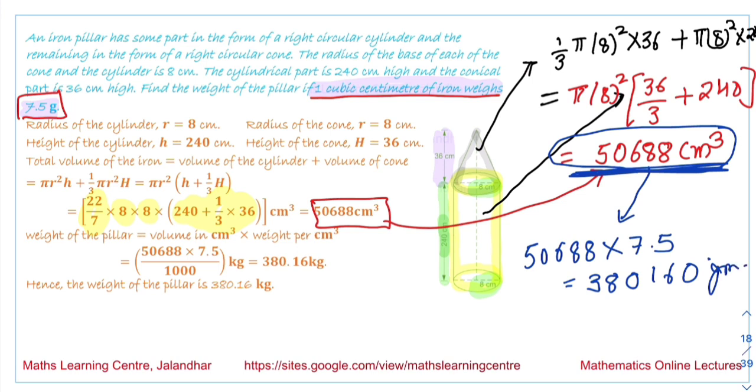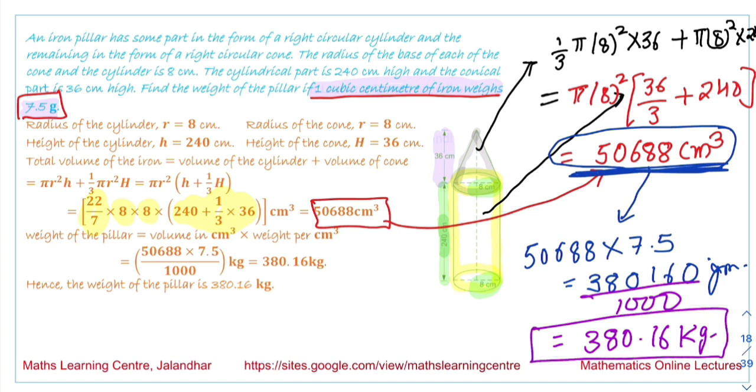To convert to kg, we divide by 1000. The answer we get is 380.16 kg. This is the final answer for the weight of this pillar.